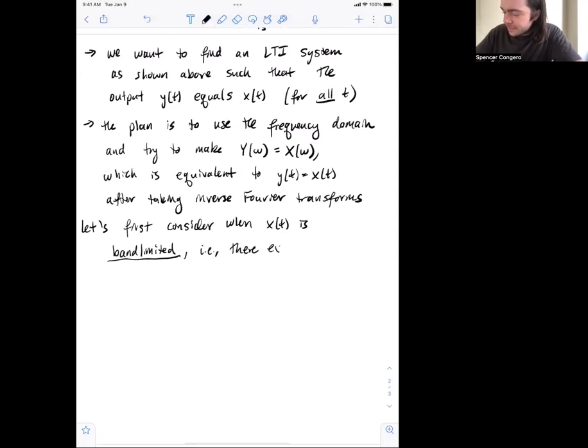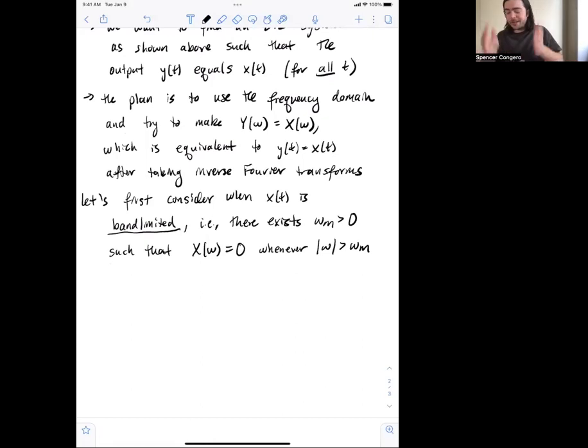That means there exists some max frequency omega sub m such that our x of omega signal equals 0 whenever the absolute value of omega is greater than omega sub m. Remember that means I can put these bars at plus or minus omega sub m on my x of omega signal, and the signal is 0 outside of that.